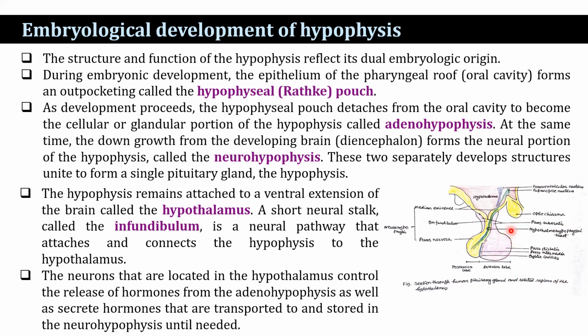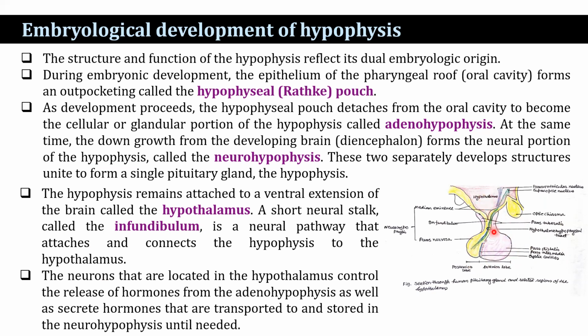At the same time, the down growth from the developing brain forms the neural portion of the hypophysis, the neurohypophysis. These two separately developed structures unite to form a single pituitary gland. The hypophysis remains attached to a ventral extension of the brain called the hypothalamus.